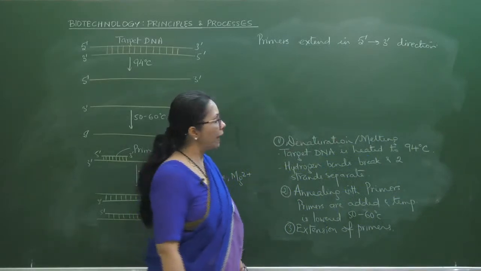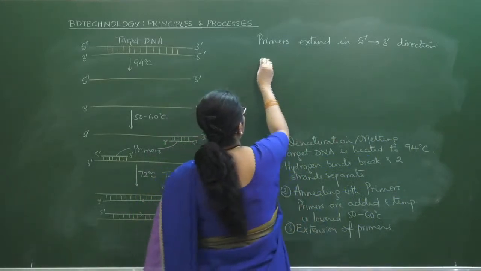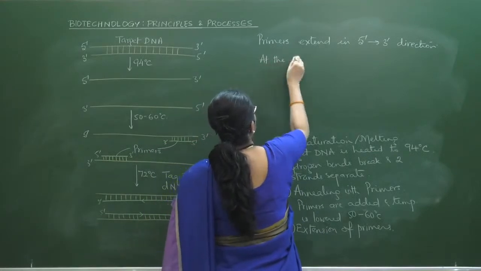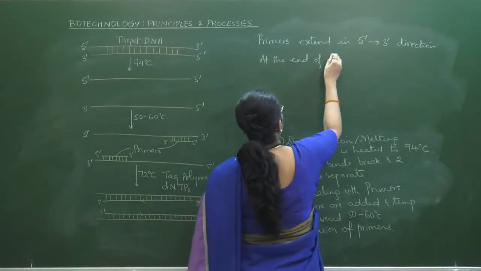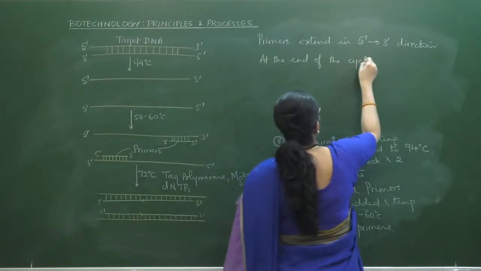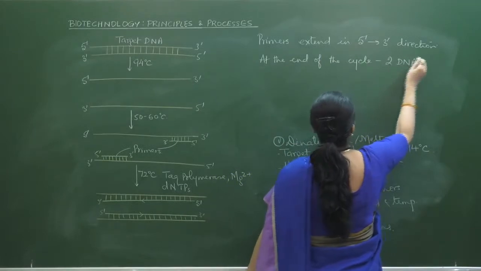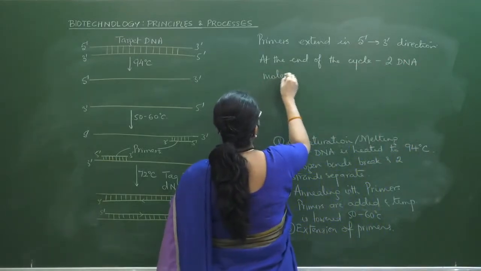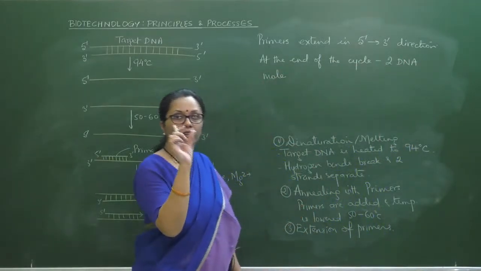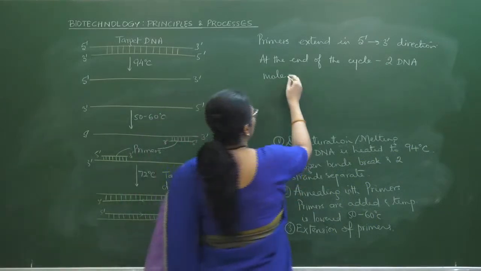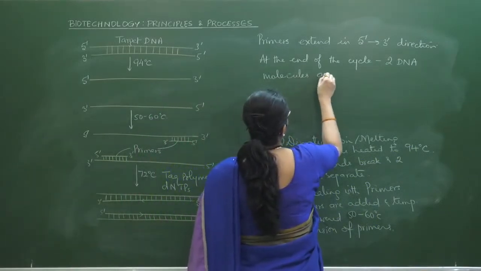At the end of the cycle, 2 DNA molecules are formed. When I say molecules, that means the entire DNA having 2 strands is formed.